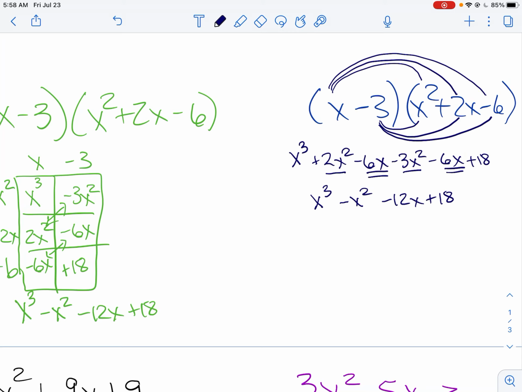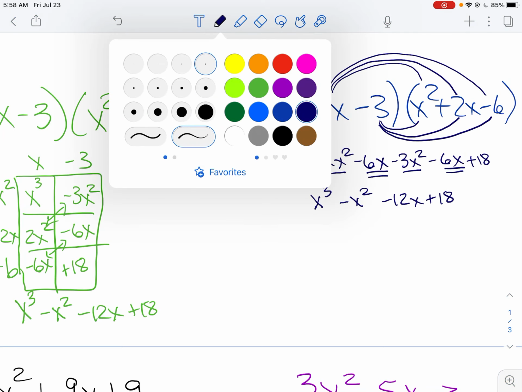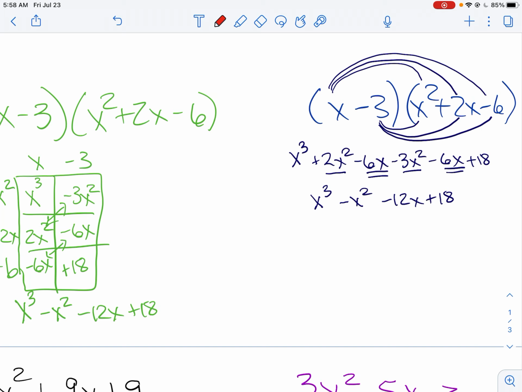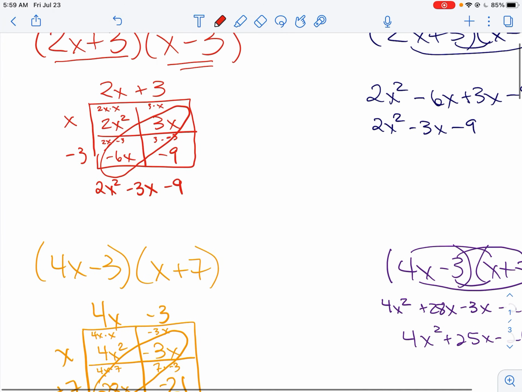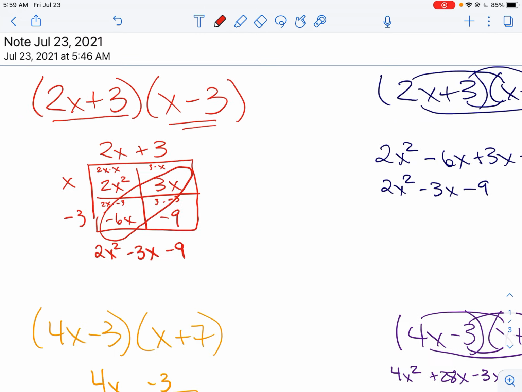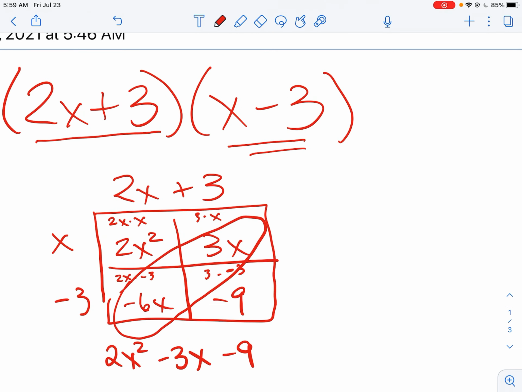Now, this next part that we're going to do on this is we multiplied the binomials. Now we need to go backwards. We need to go the opposite direction. So I'm actually going to look up here at when I multiplied these two together, I have a binomial times a binomial. When I multiplied that together, I actually got 4 terms.